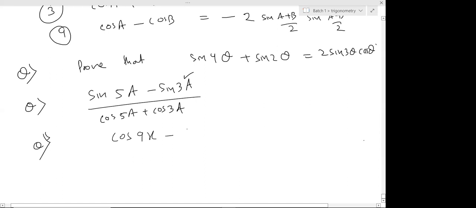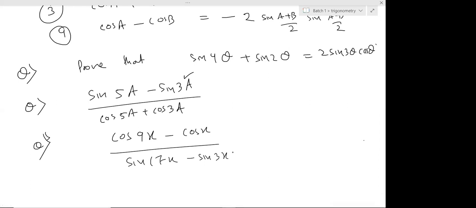Cos 9x minus cos x upon sin 17x minus sin 3x. All right, try to solve this one.